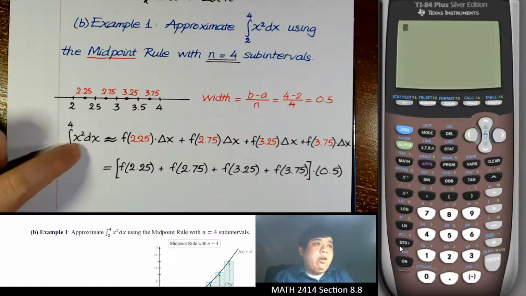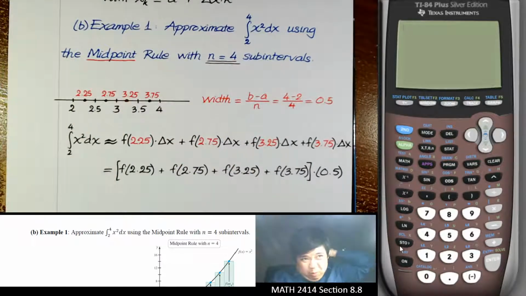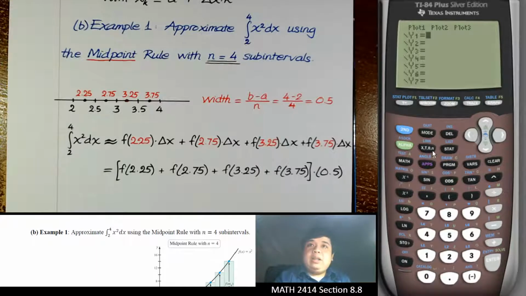So first we have the function, and then the values. I just want to do that in the most general case. So the function x squared, that's simple.